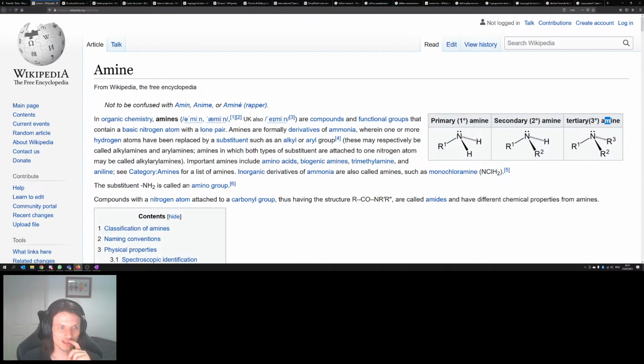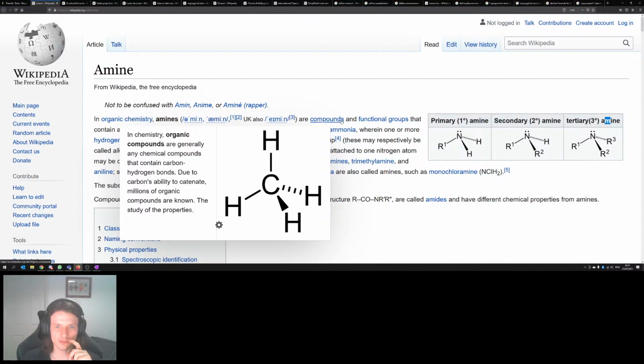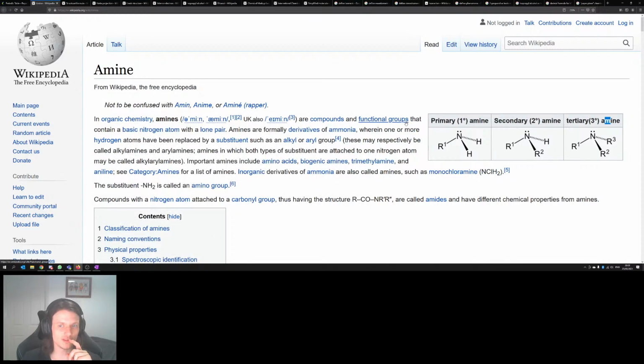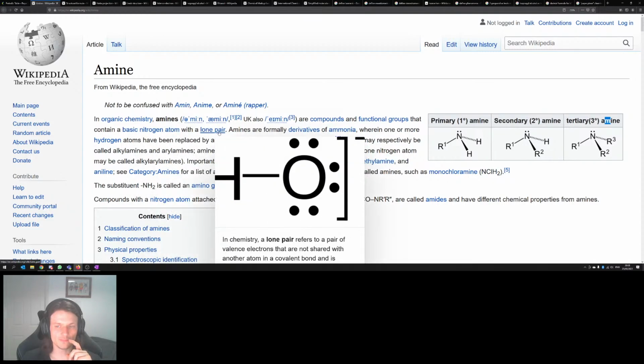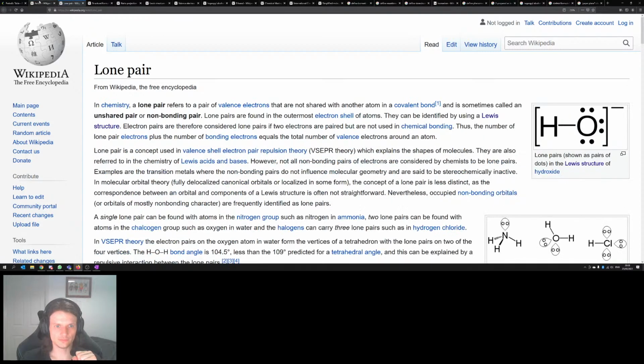So amines are compounds and functional groups that contain a basic nitrogen atom, here it is, with a lone pair. In chemistry, a lone pair refers to a pair of valence electrons that are not shared with another atom in a covalent bond, and is sometimes called an unshared pair or non-bonding pair.